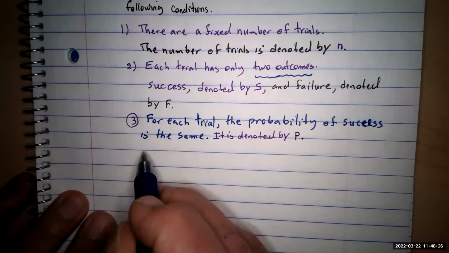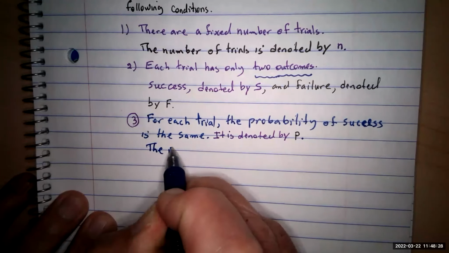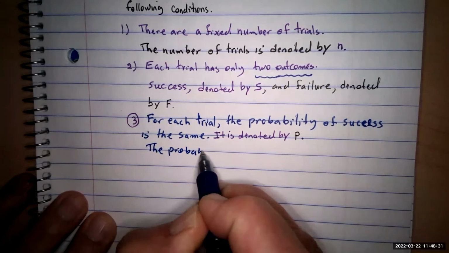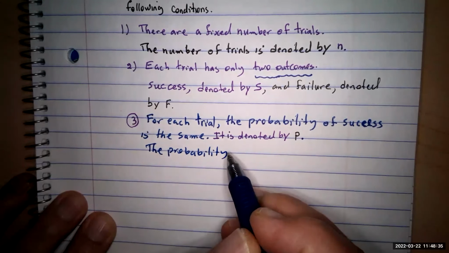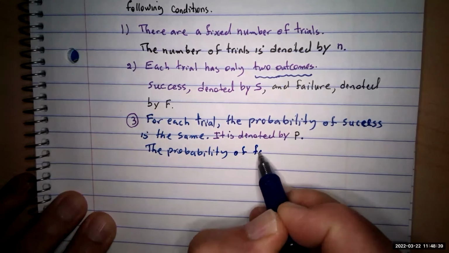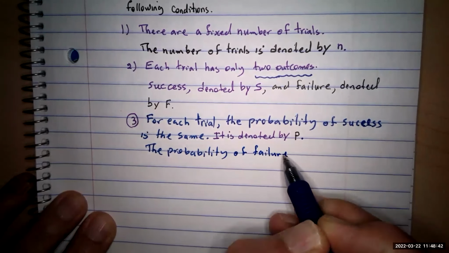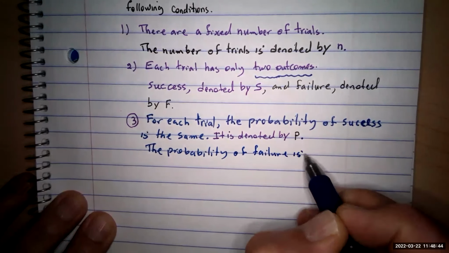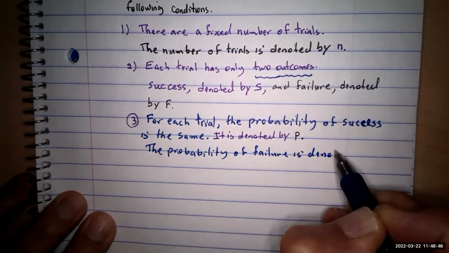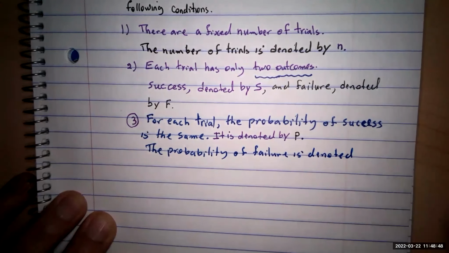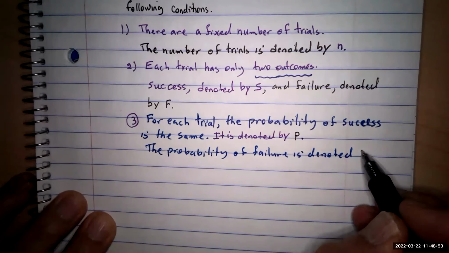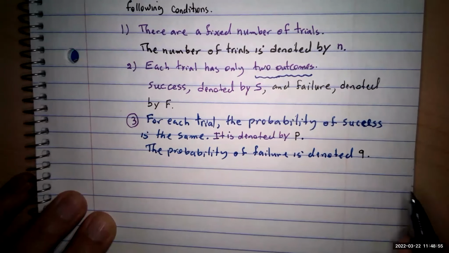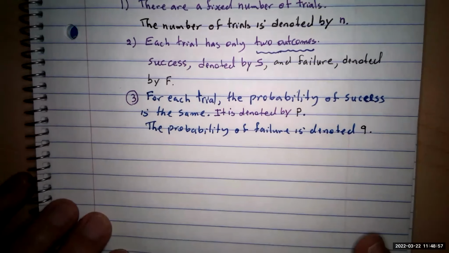The probability of failure is going to be denoted by lowercase q. In statistics, anytime you see lowercase p and lowercase q, it means you are in a binomial distribution.